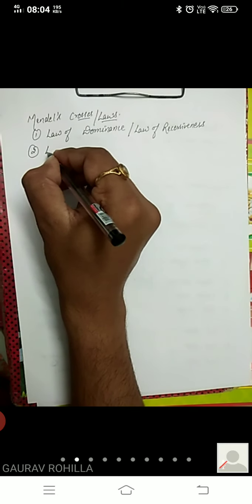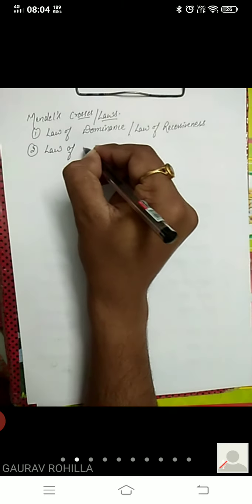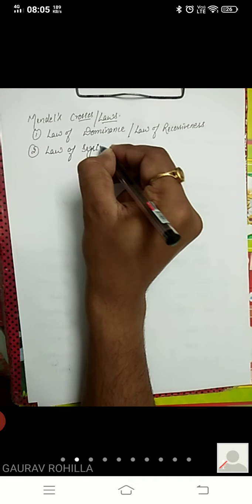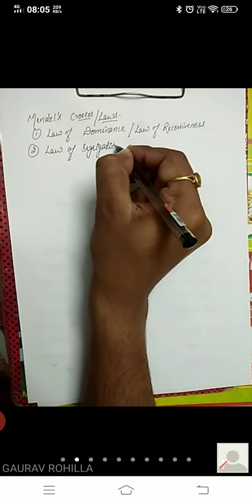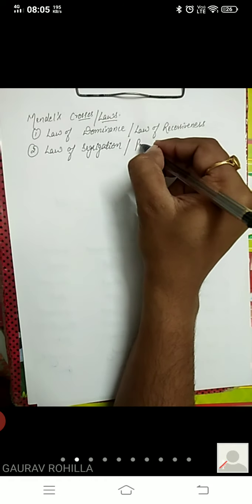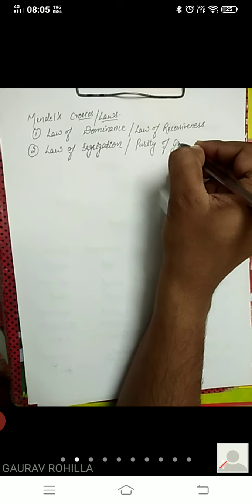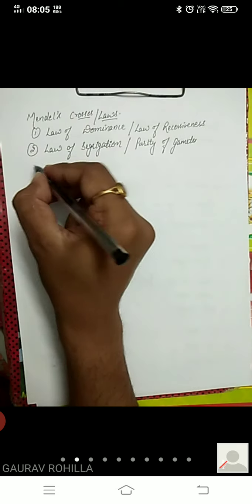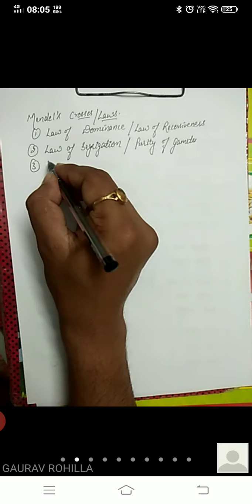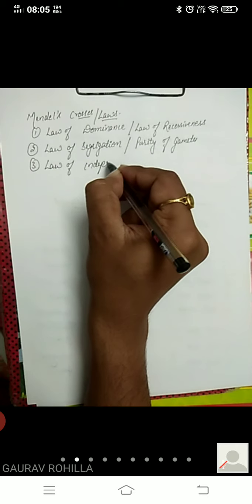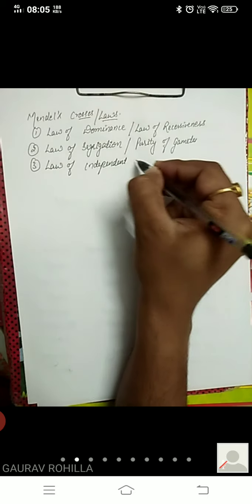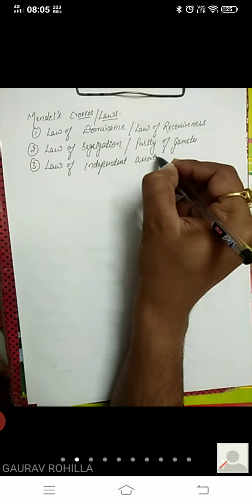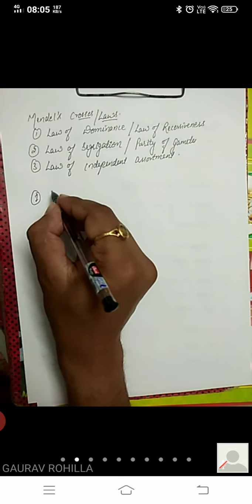Second is law of segregation or purity of gametes. Third one, law of independent assortment. We will go through the first law, law of dominance.